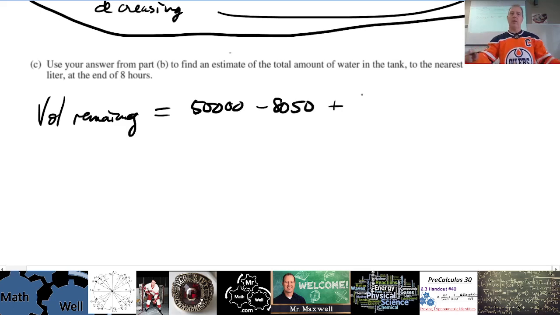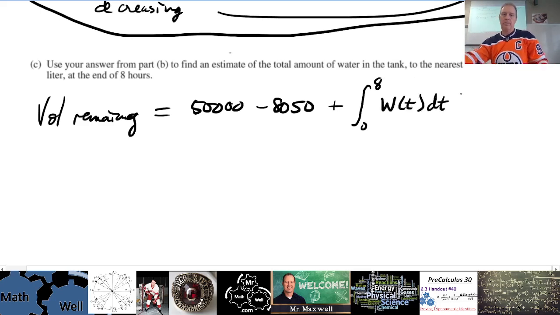And then the representation of the water being added would be this integral from 0 to 8 of the function that is being added, W(t) dt. And in your explanation, you don't have to write out the whole function, just write out the name, W(t). So that would be great for a first step.